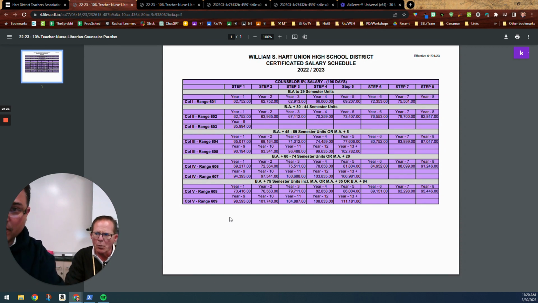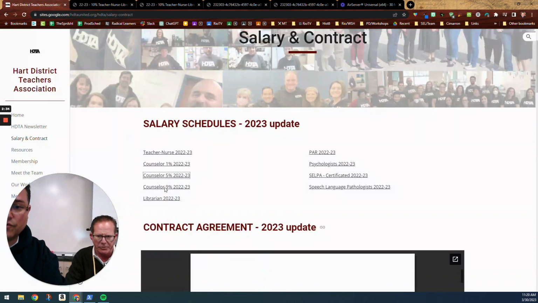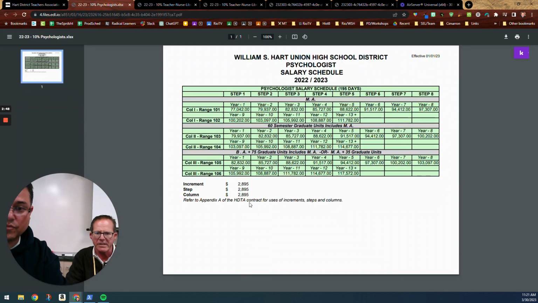Correct. So we have asked the district to include the labeling for increment, step, and column on all salary schedules. Some of them have them, some of them don't. Most of the increments are the same across the board. Psychologists have their own pay scale, which is different, and their increment, step, and column is different.